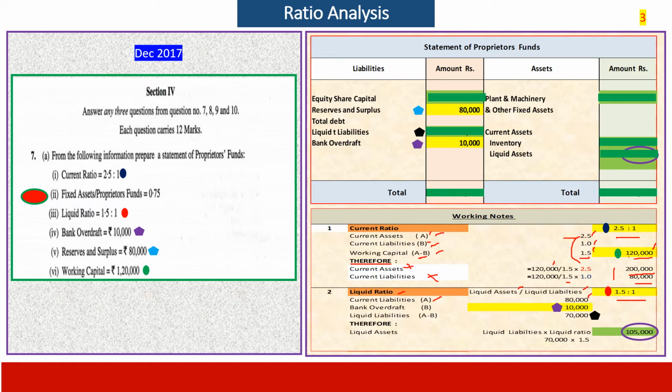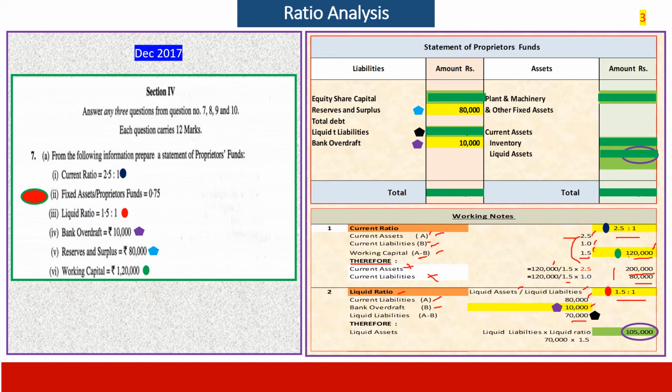Liquid liability is current liability minus short-term borrowings like bank overdraft, bank cash credit, these two figures, and very short-term loans. We have been given a bank overdraft of 10,000. If we remove 10,000 out of current liabilities, we have got liquid liabilities.